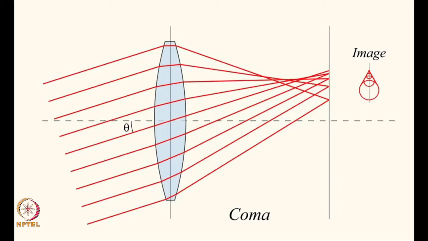That's derived from the word comet because it appears as a kind of comet image here, and this tends to happen when the part of the image you care about is very far away from the optical axis. This is the central optical axis here, and these rays are coming in at an angle.